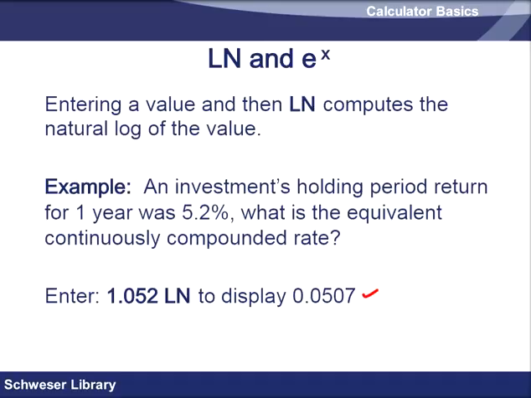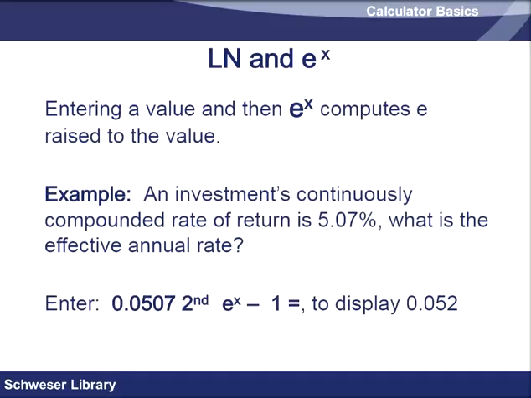So a continuously compounded rate of 5.07% would increase the value of an investment or the value of an asset by 5.2% over the course of a year.